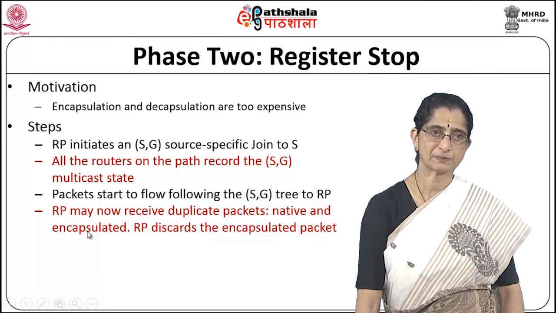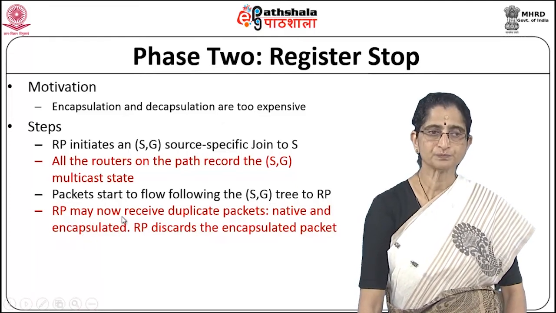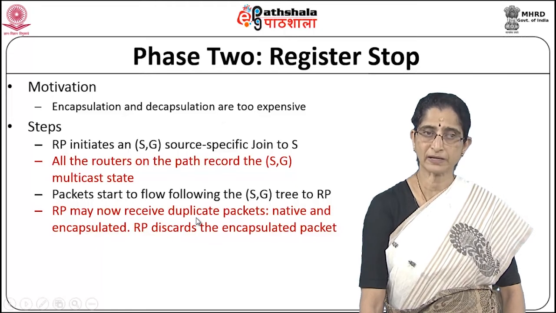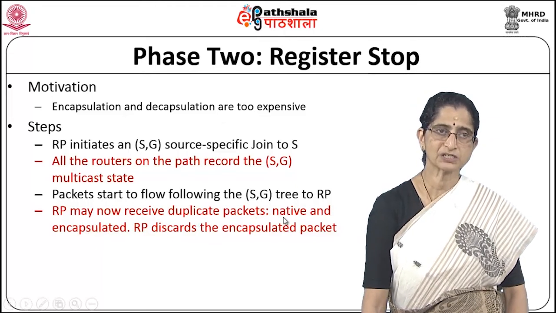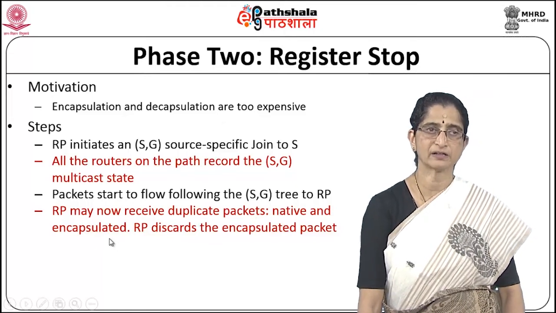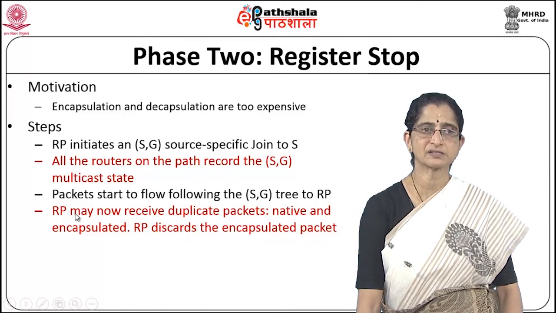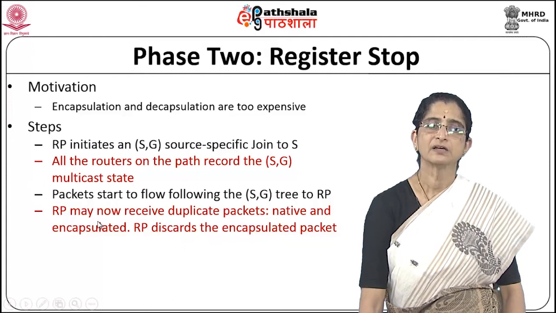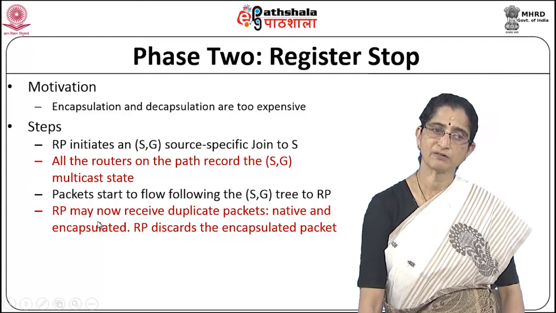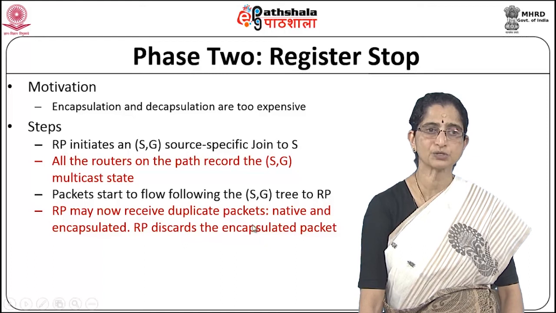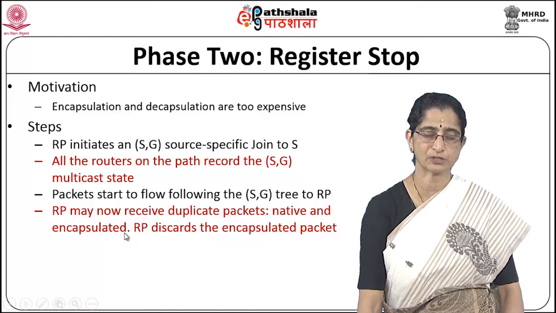Now once that happens, the RP will receive duplicate packets. That is, it will receive both the native packet and the encapsulated packet. Remember that until the source is sure that the RP has started receiving these multicast packets, it cannot make any assumption. So it will still continue to send those encapsulated packets.